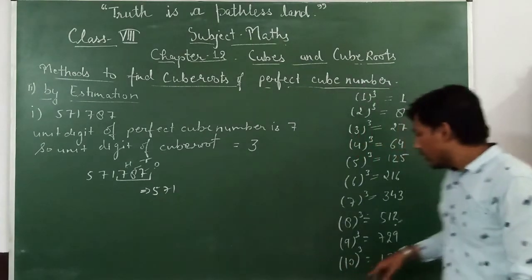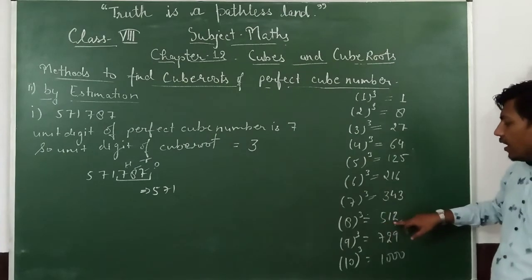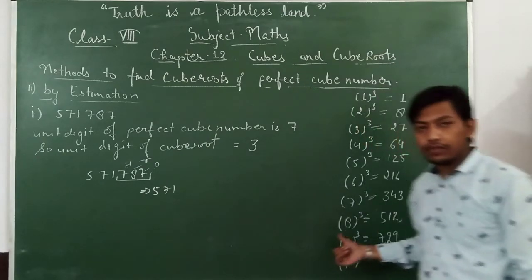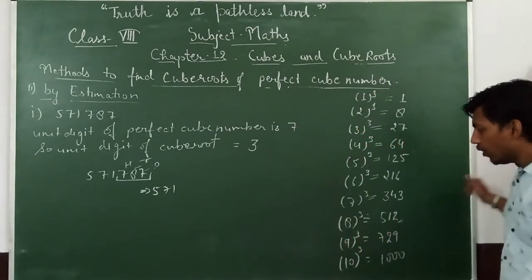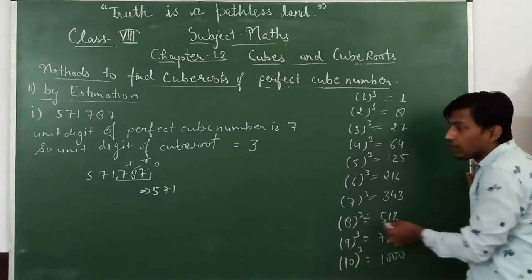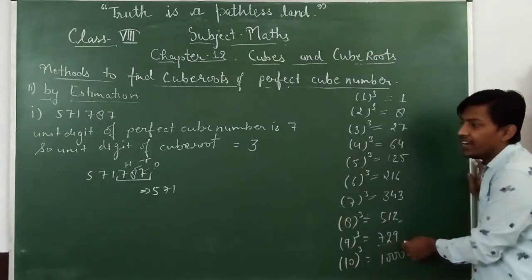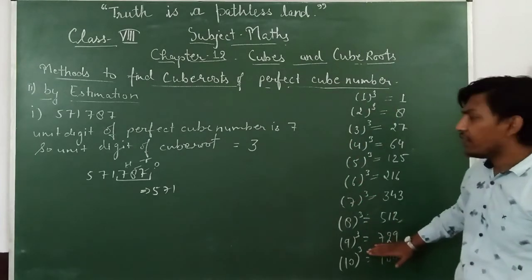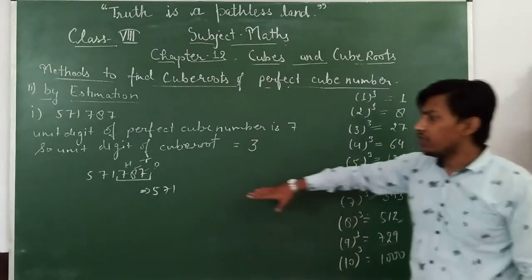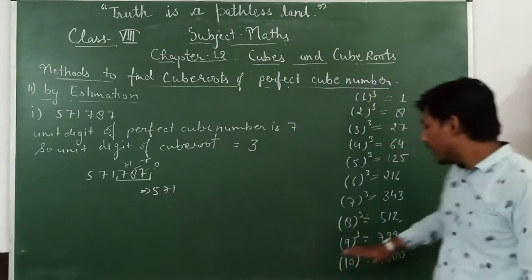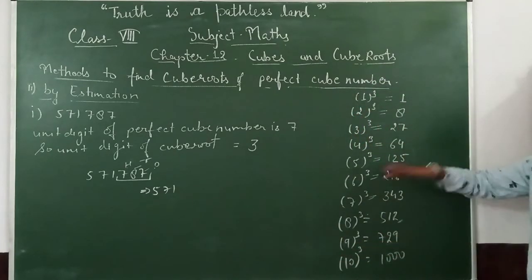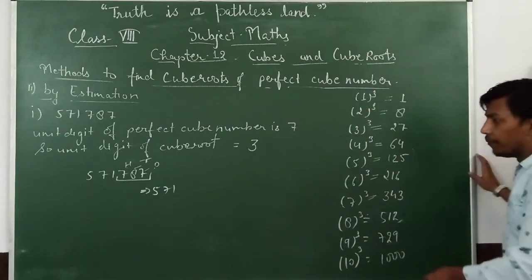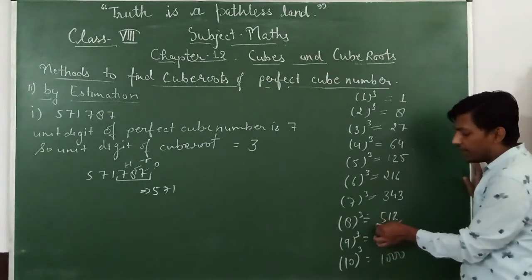That means the remaining digit belongs to 8, because 729 is a larger number, more than 571, and we can't take it. Compare 571 and 512.